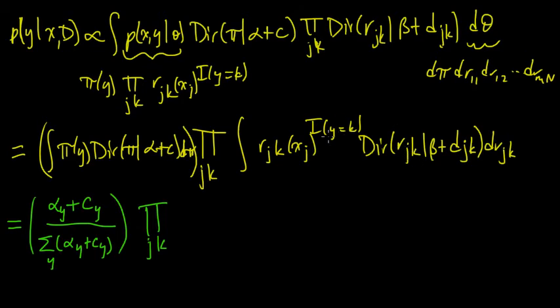So for all the ones where y does not equal k, they just drop out. They just become 1. We're left with the ones where k equals y, so all we have to do is take the product over j from 1 to d of the expectation of r_jk of x_j, the x_jth coordinate of this Dirichlet distributed random variable.